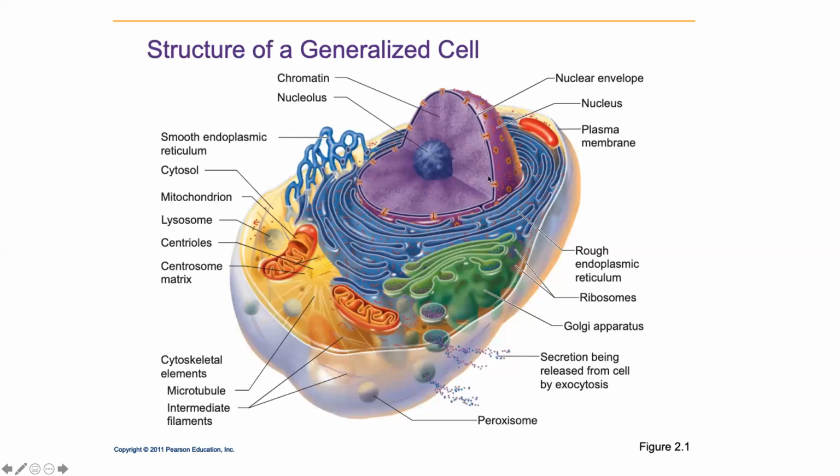Now you can see the big nucleus here. In the center of the nucleus, we have a structure, a little baby nucleus, which is called the nucleolus. Around the nucleus, you can see the endoplasmic reticulum, to be more precise, rough endoplasmic reticulum.